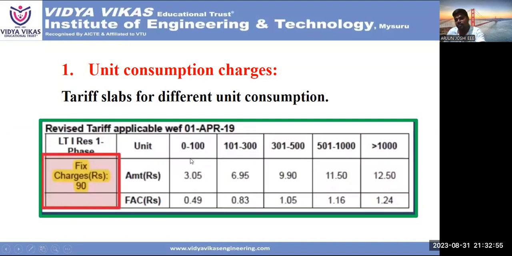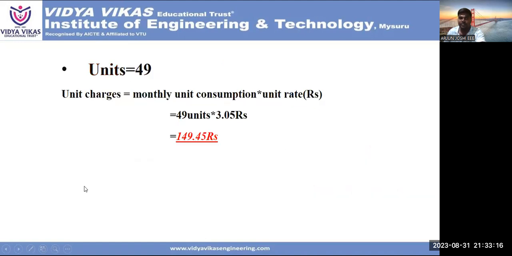As per our calculation, our units come under the 0 to 100 slab. So I'm going to take unit consumption charges as 3.05 rupees per unit, fuel adjustment charges 0.49 per unit, and fixed charges, which is common for all calculations, that is nothing but 90 rupees.